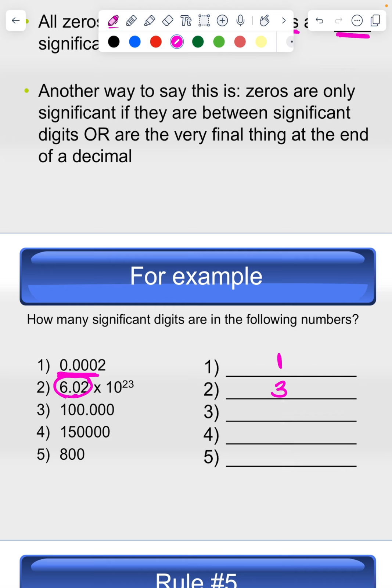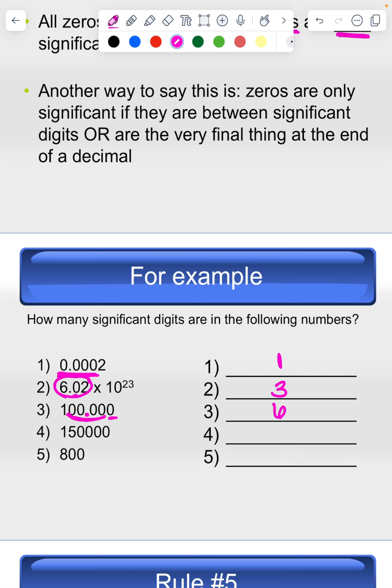Now this one can be kind of confusing for some. That 1 is the only non-zero number, but this 0 is trailing with a decimal. So that makes it significant, which makes these 4 zeros sandwiched. So that means we have 6 total sig figs.